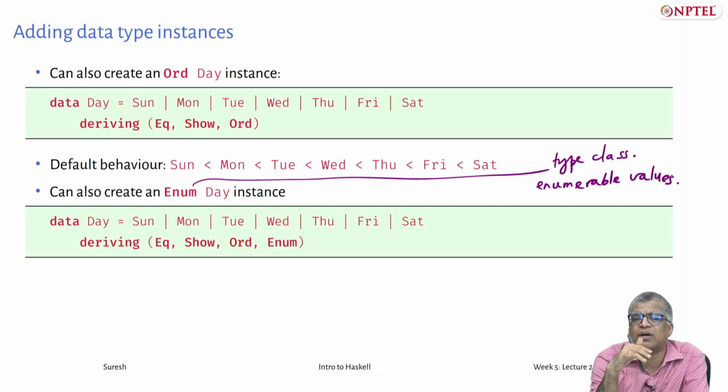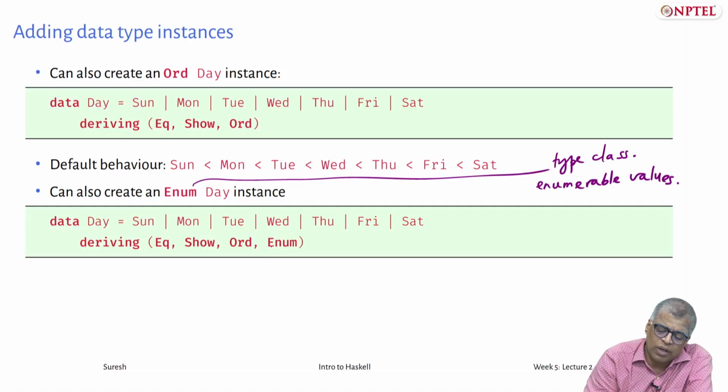It should be finite. The number of values in the data type should be finite, and there should be a notion of a next element. So that is when you can enumerate. Maybe you don't need the first element and last element, but you at least need the notion of a next element.